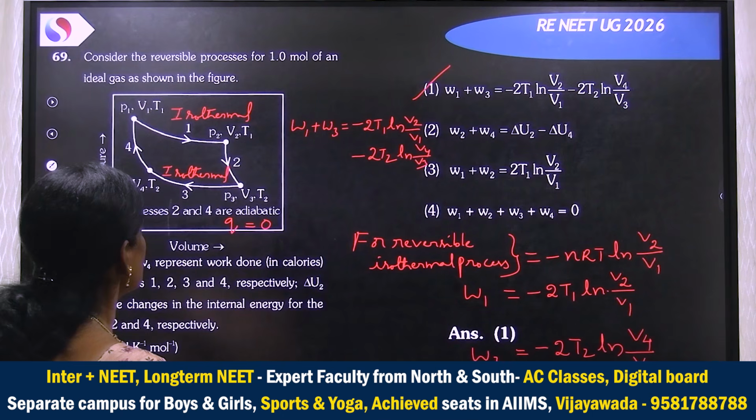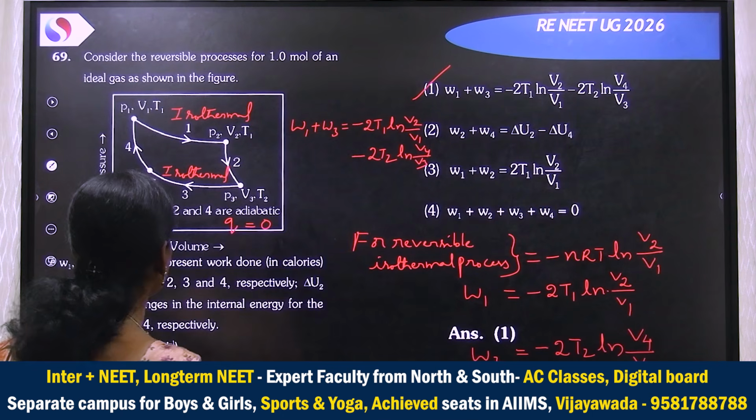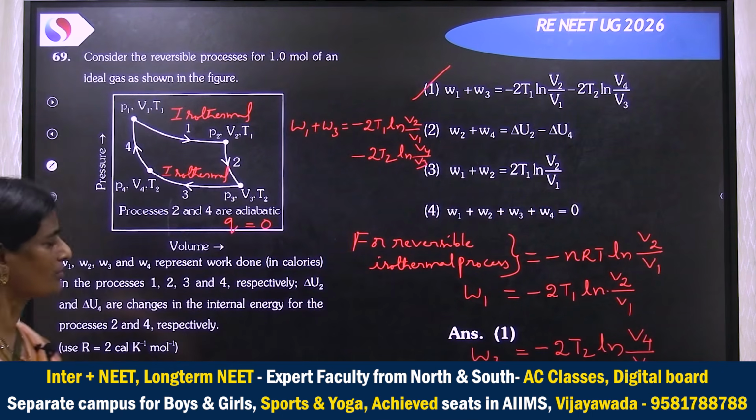The second and fourth are adiabatic processes. For an adiabatic process Q equal to 0.